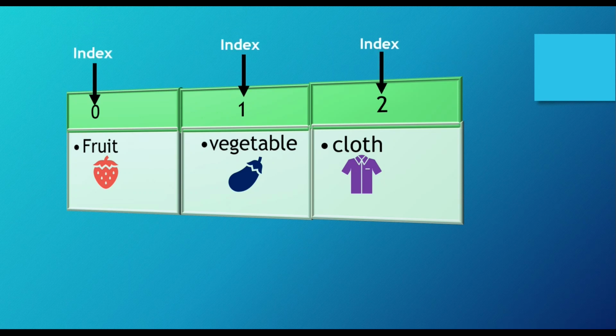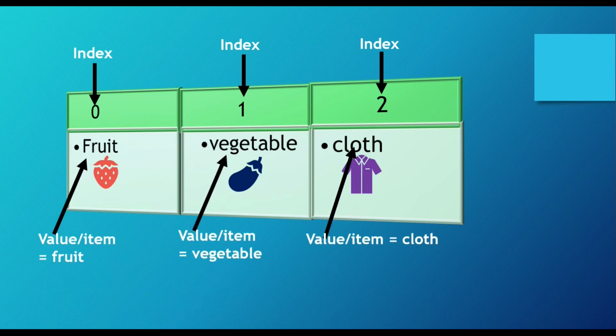So this 0 place, think of 0, 1 and 2, we call them index. They are kind of an address of the items which we store, so we call them index. So 0 index, 1 index, 2 index. Then in those indexes we have values or items.